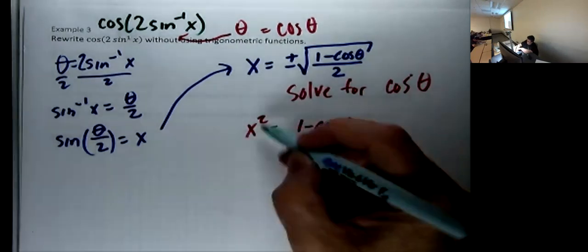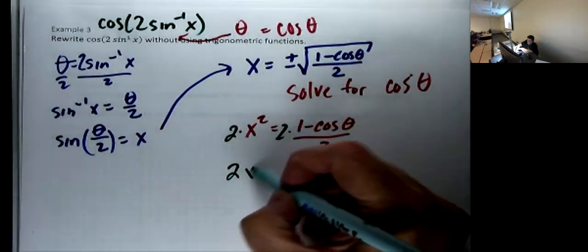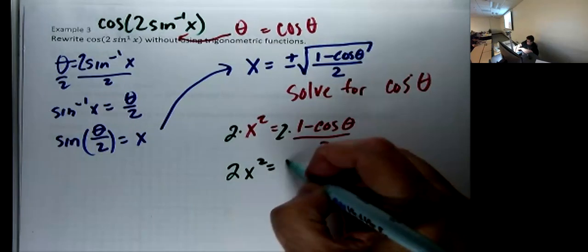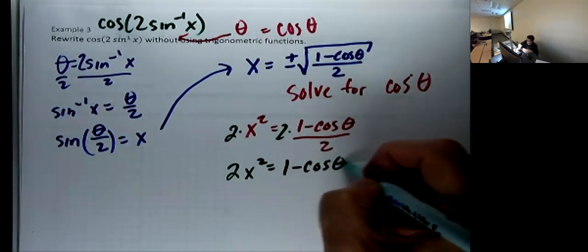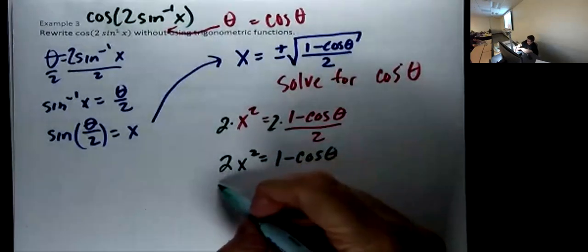So we'll multiply both sides by 2. And I get 2x squared equals 1 minus cosine theta. Subtract 1 from both sides.